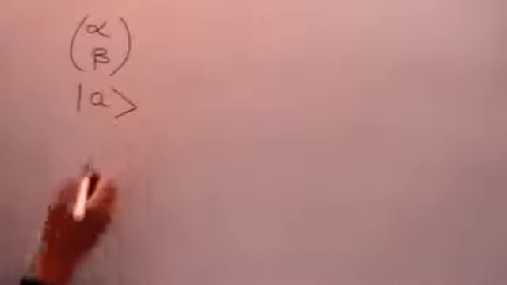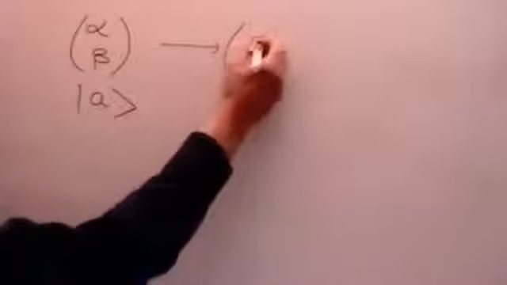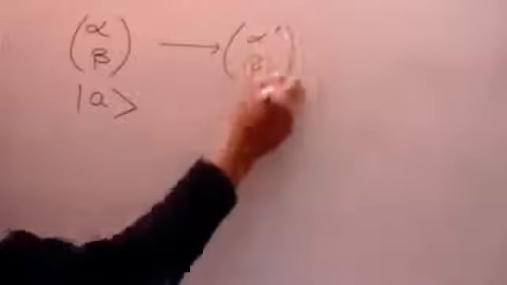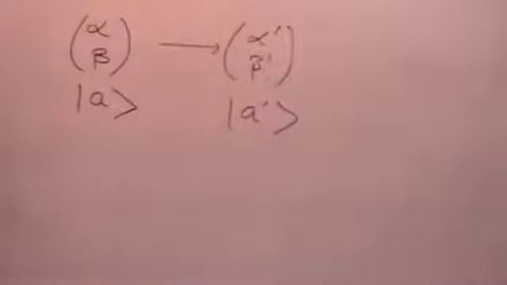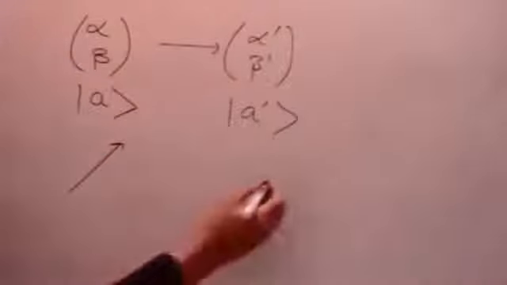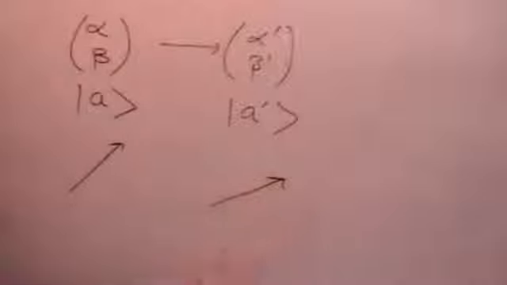So let's take a quantum state representing the spin of, say, an electron, alpha, beta, which of course we could also have represented with our Dirac notation as A, and rotate it so that it now produces alpha prime, beta prime, which we can call A prime. Basically, we take a spin state like this and we rotate it so it now looks like this.